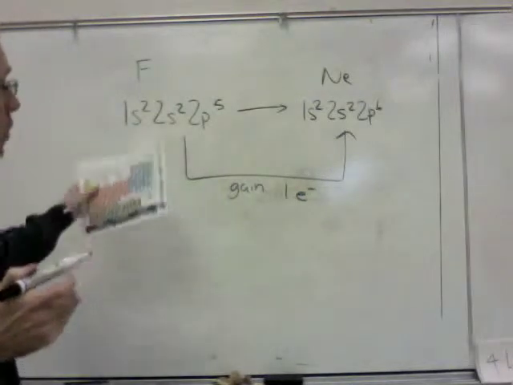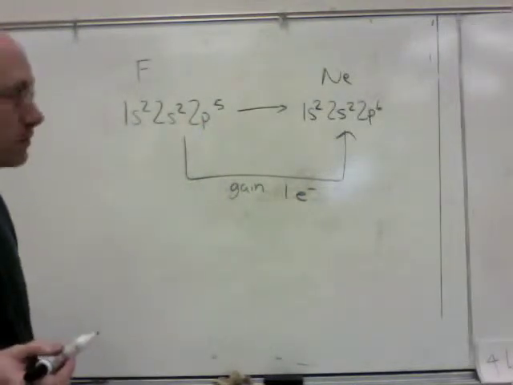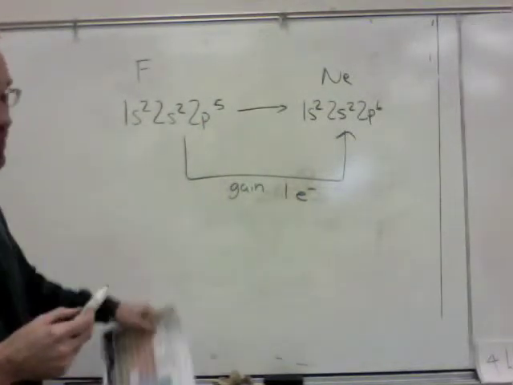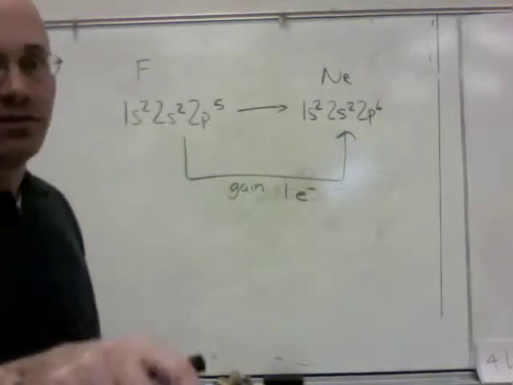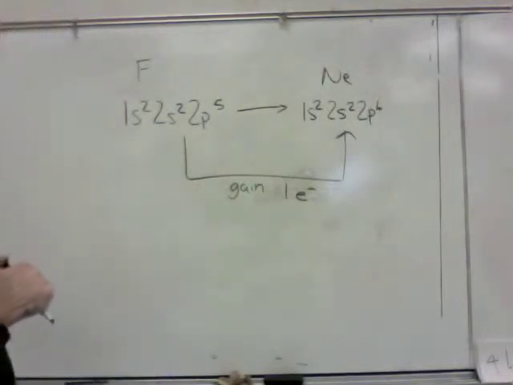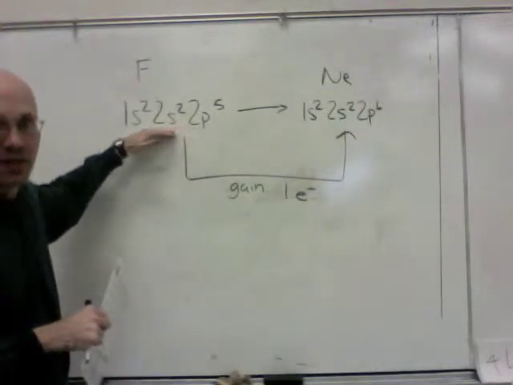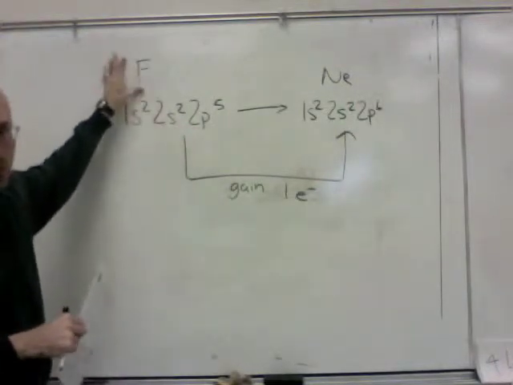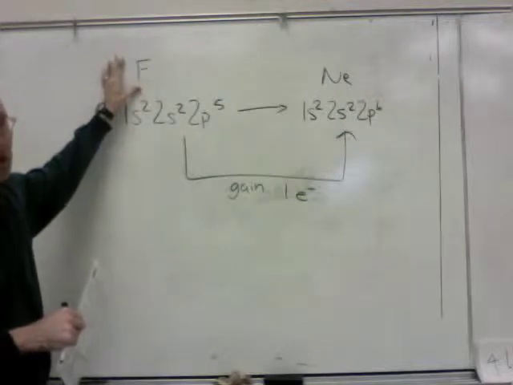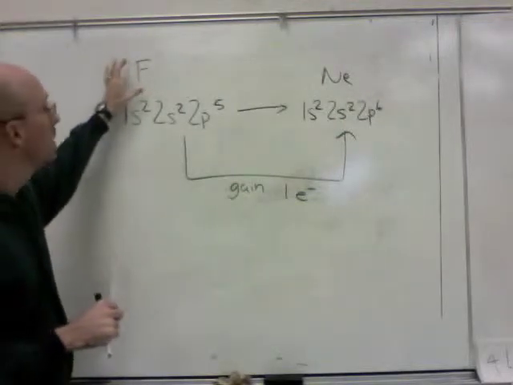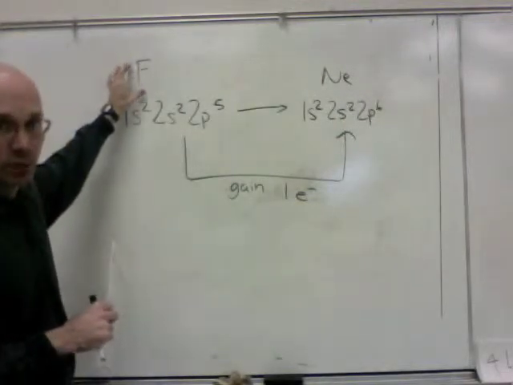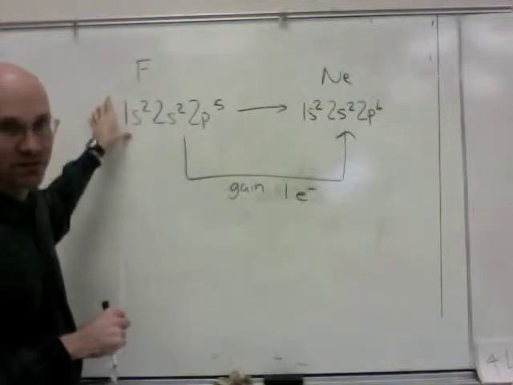And now what you do with this is you say, what happens to the charge of this atom when this happens? This right here is the electron configuration of neutral fluorine. That's a pretty important point. If fluorine is neutral, it has this configuration.